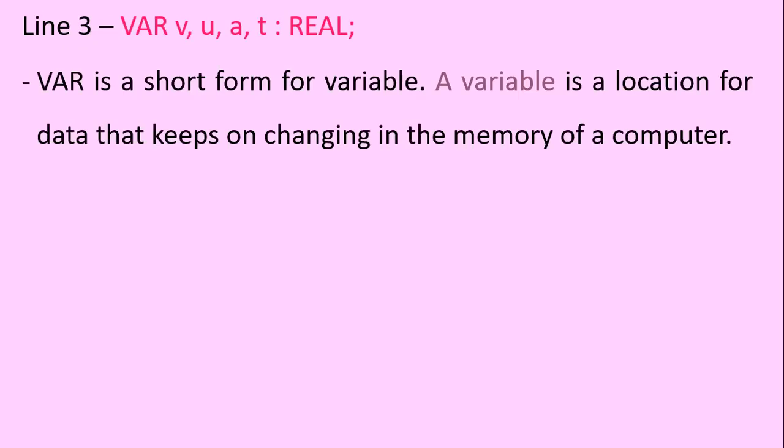Line 3, which is var v, u, a, t: real; var is a short form for variable. A variable in a programming language is a location for data that keeps on changing in the memory of a computer. Simply, a variable is a memory location that holds data whose value continues to change with time.